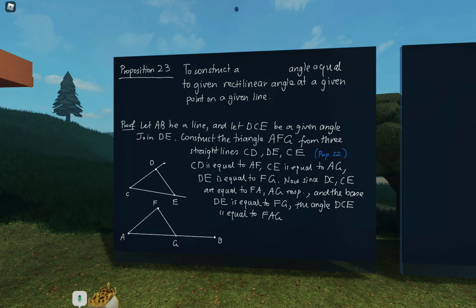Right, I mean they're the same triangle. This, technically speaking, is invoking proposition 8. So that's it. Right? We've constructed at A, on the line AB, the angle FAG, which is equal to the angle DCE. Any questions?